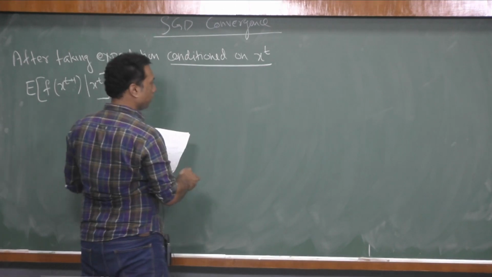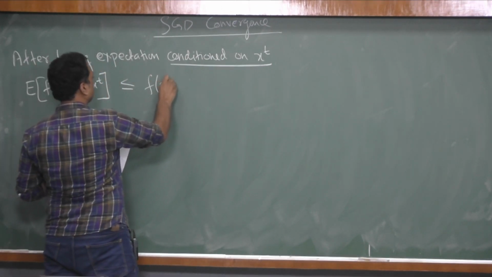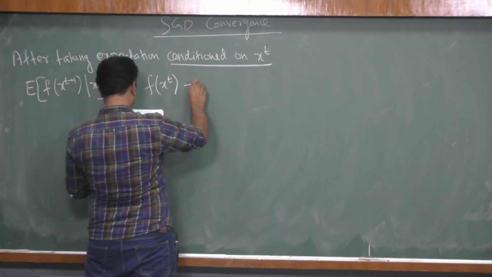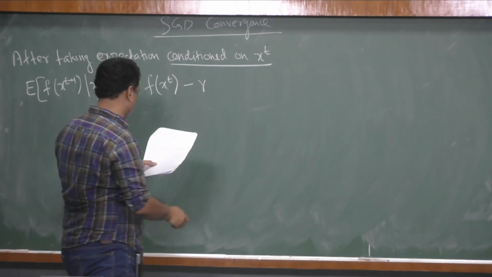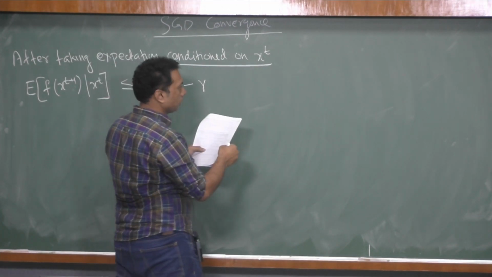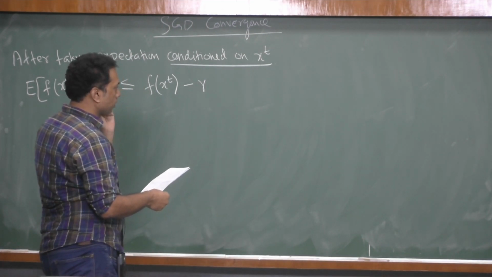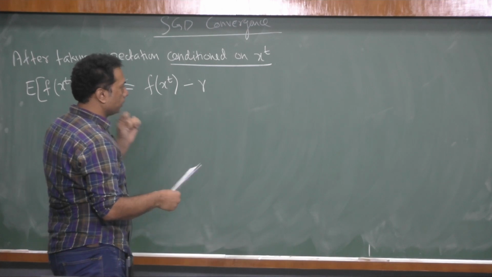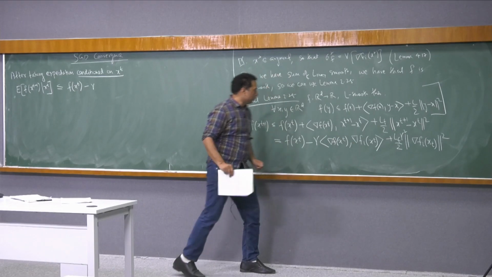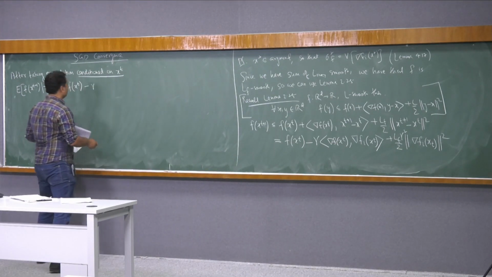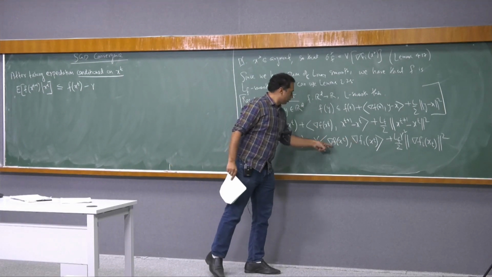So we have f(x_t) is not a random variable because x_t is known, and minus gamma, also grad f(x_t) is a deterministic quantity. But expectation will go inside here. Of course it doesn't go here, but it will go here. So let us do this as an initial step, and if it goes there, expectation of grad f_i, we know that it's grad f also.